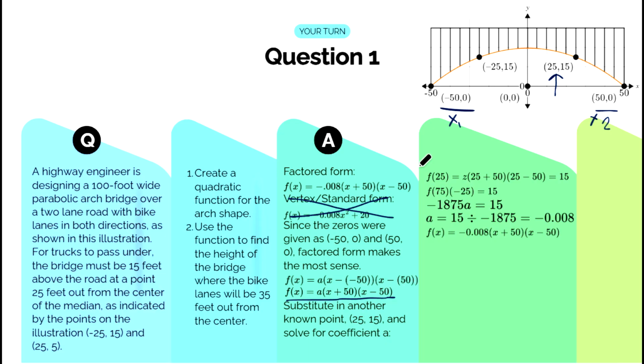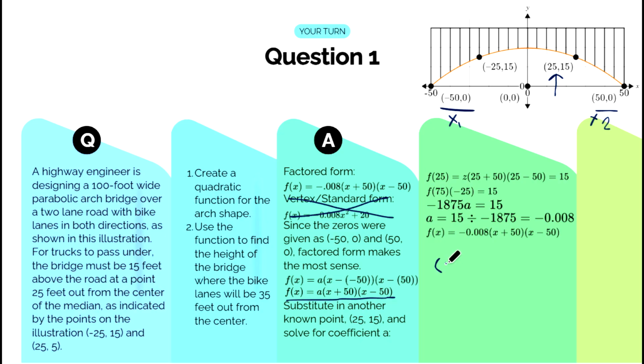All right. Now we're just going to simplify. So you have to take this and distribute out all the garbage, right? And that's going to give us f of 75, because 75 times negative 25, I guess that's this stuff, is equal to 15. Let's make sure it's this stuff.